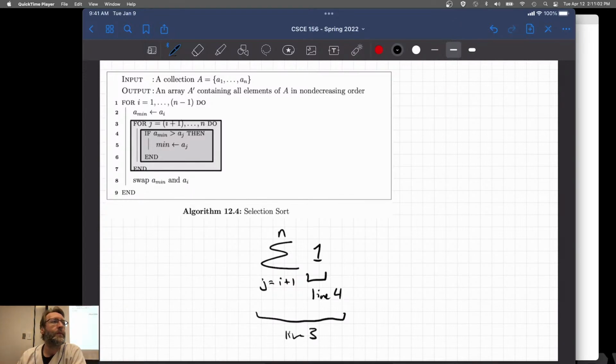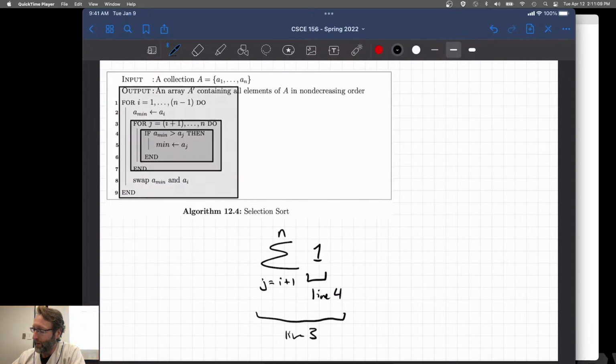Now expand that out further and look at the entire outer for loop. And that's going to be a summation. I'm basically putting a parentheses around here, but parentheses aren't necessary with summations. And you're running this from i being 1 up to n minus 1.